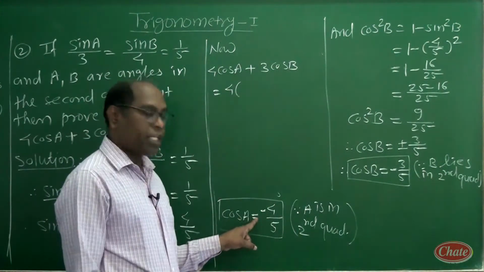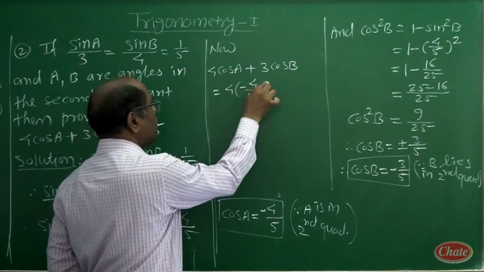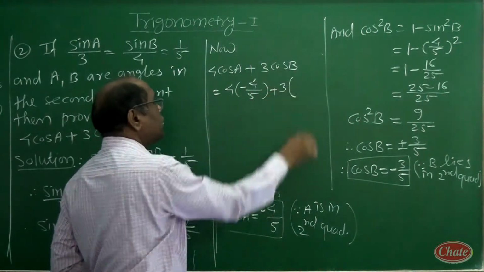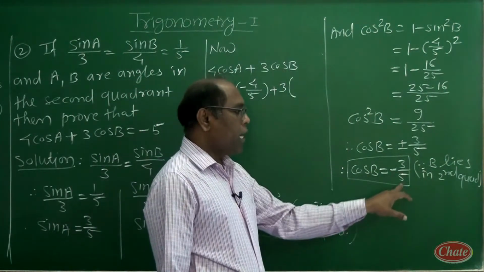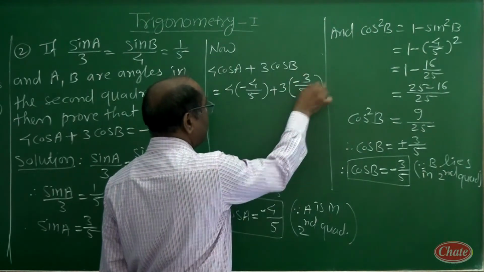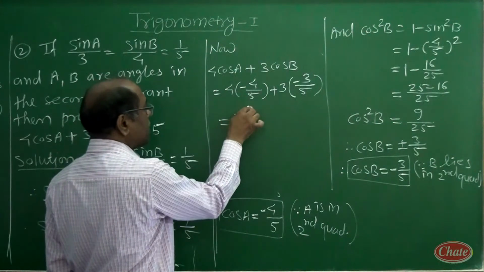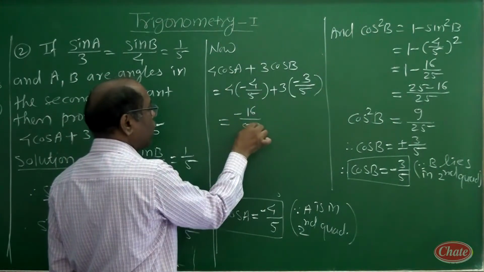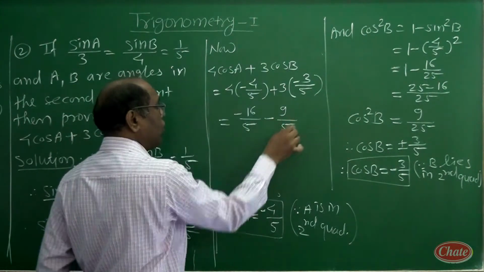The value of cos A is minus 4 by 5, so minus 4 upon 5, plus 3 into the value of cos B. Cos B is minus 3 by 5. So that is equal to minus 16 upon 5 minus 9 upon 5.